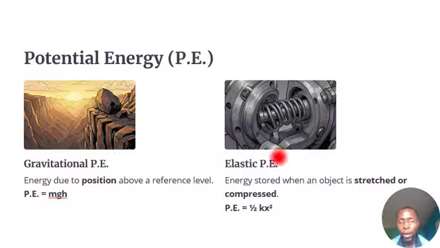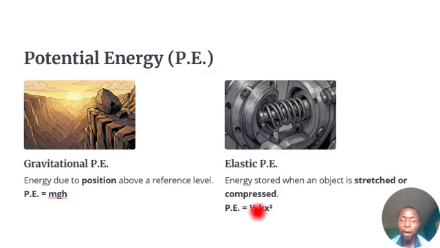While that of elastic potential energy is half k x squared, where k is called the force constant and x is the extension. We said it is energy stored when an object is stretched, so the distance covered in that stretching is the x.